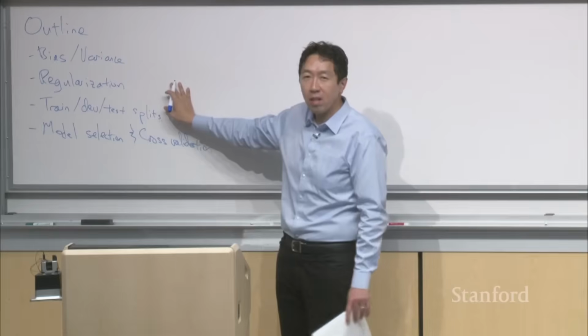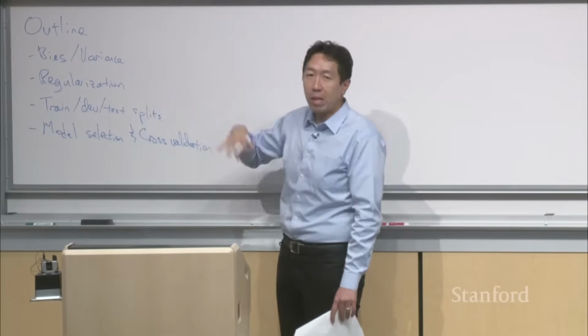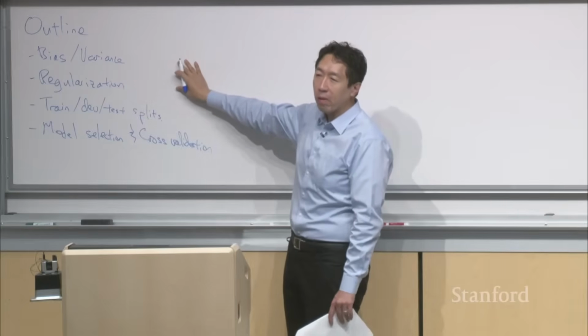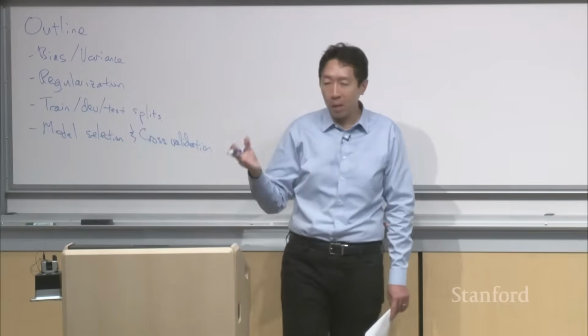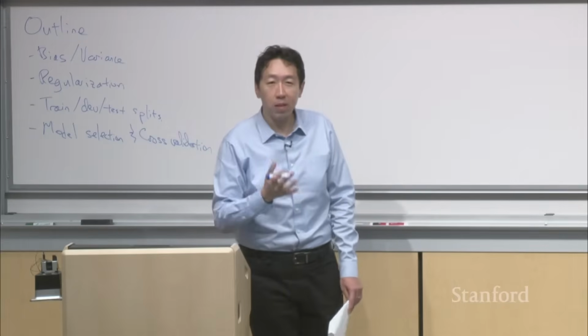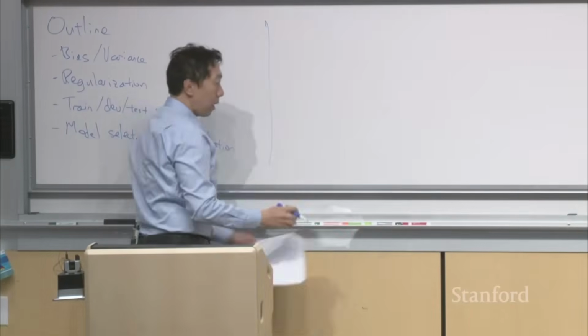So we still teach it, but we're doing it in the Friday discussion section, and that leaves more time for the main lecture here to talk more about the conceptual things that I think will help you build learning algorithms, as well as for the newer topics like decision trees and random forests, and neural networks next week.